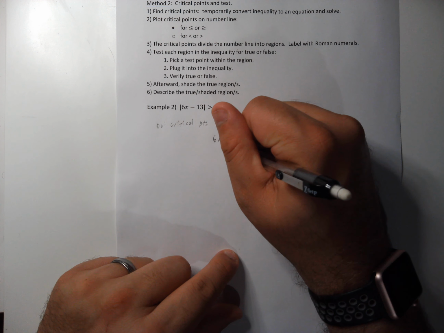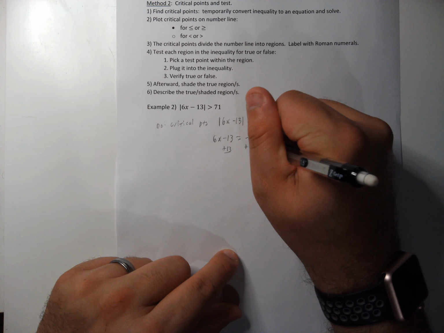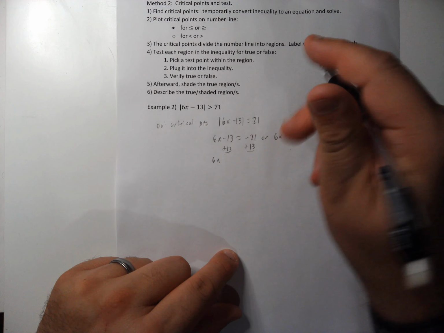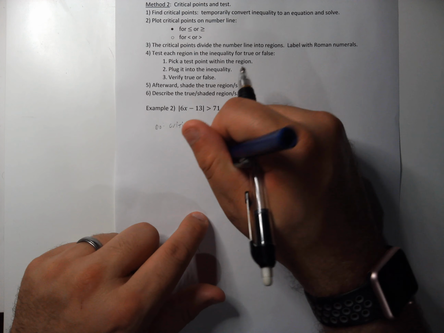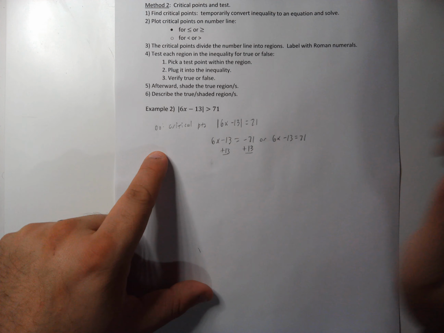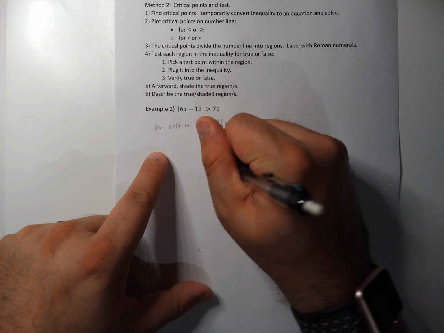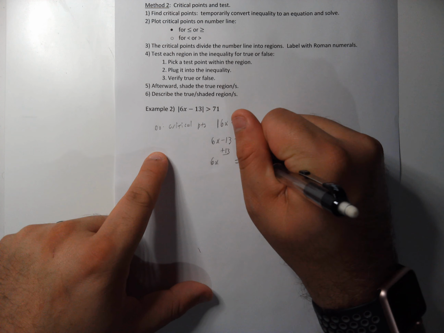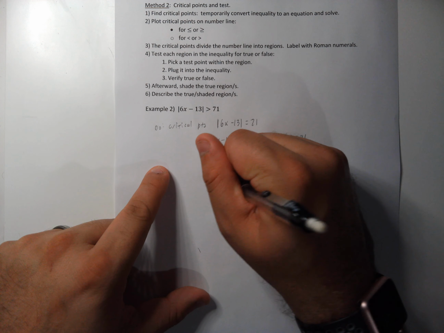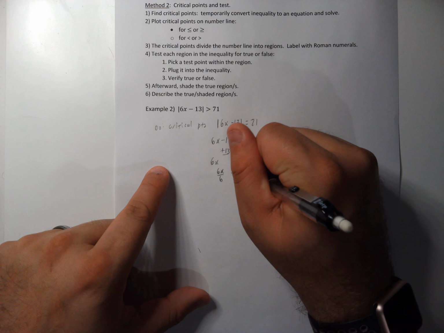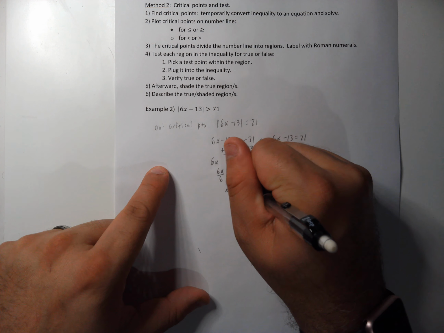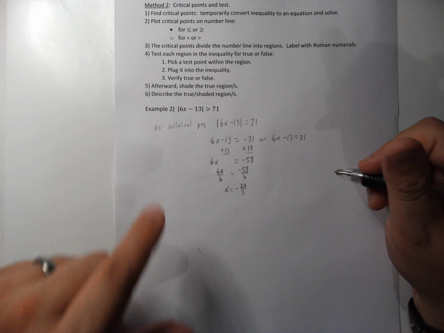So add your 13 and 6x equals negative 58. Divide off the 6, and x equals negative 29 thirds.